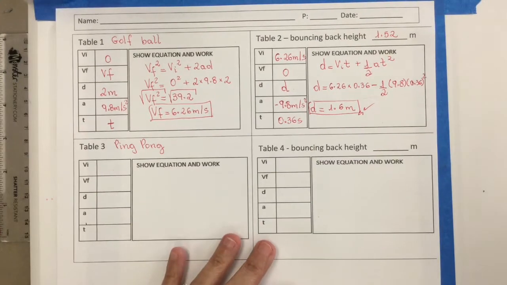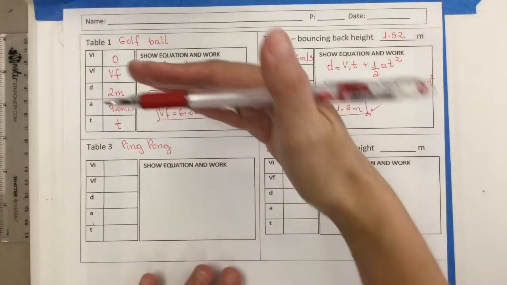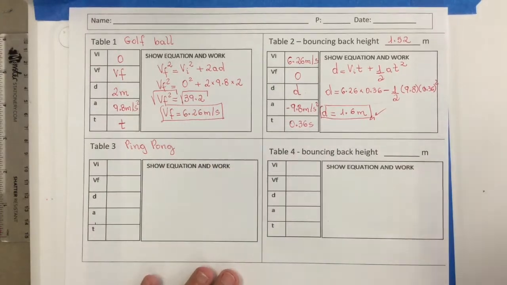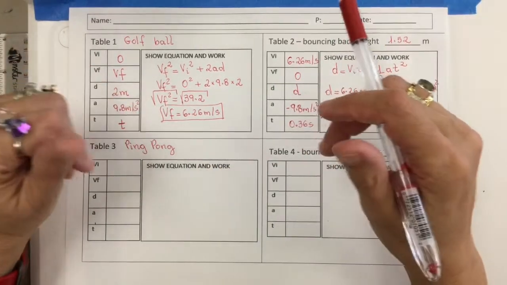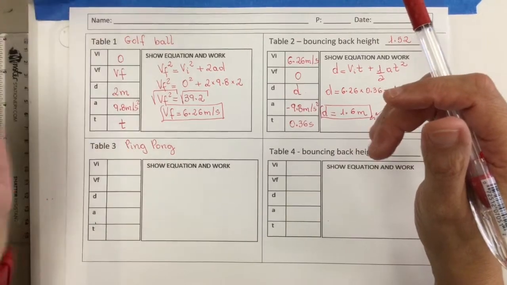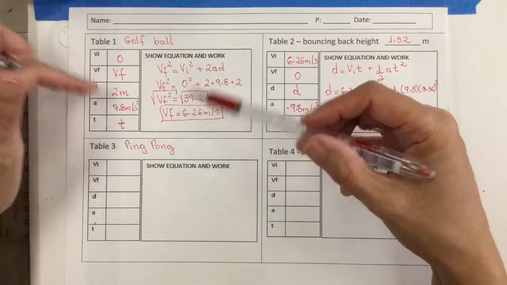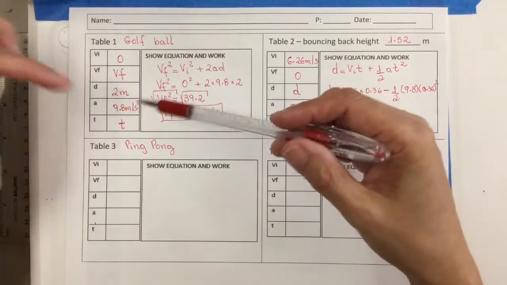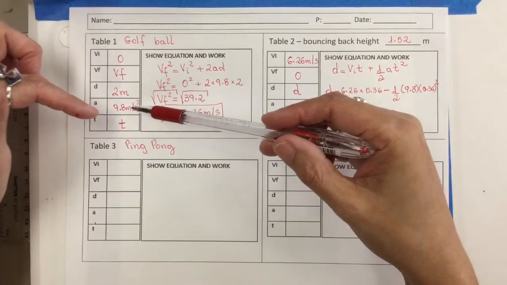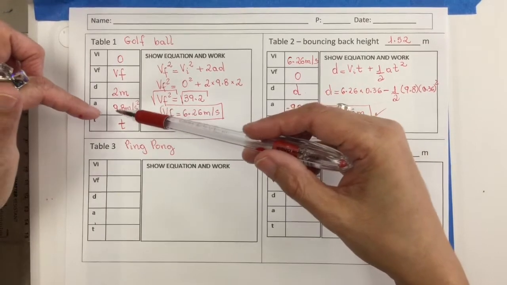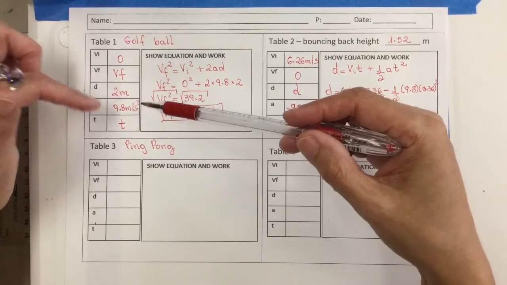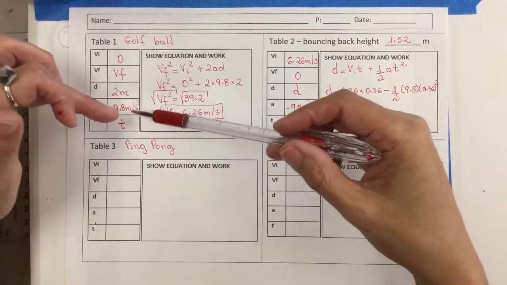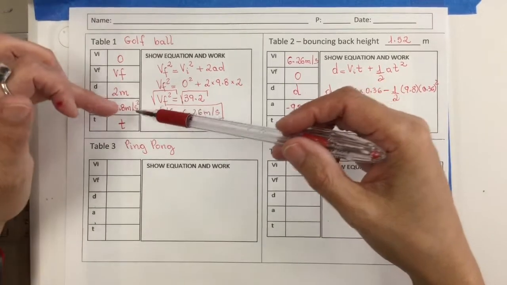Okay, for the ping pong ball, we are going to do basically the same thing. You are going to notice that regardless of the weight of the ball, everything falls the same. If it's dropped from 0, it's going to fall at the same rate, 9.8 meters per second squared. The speed adds 9.8 meters per second every second.